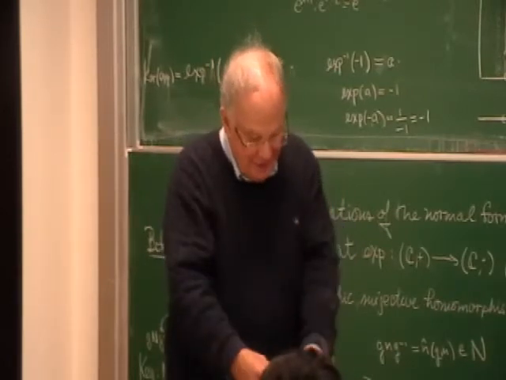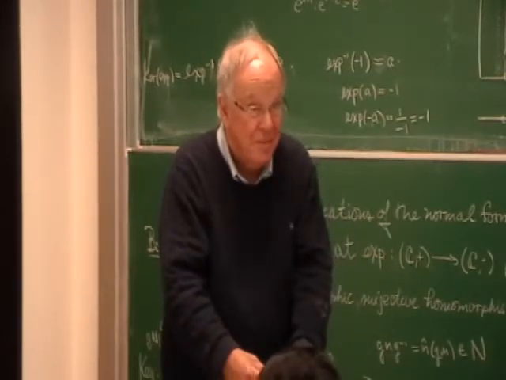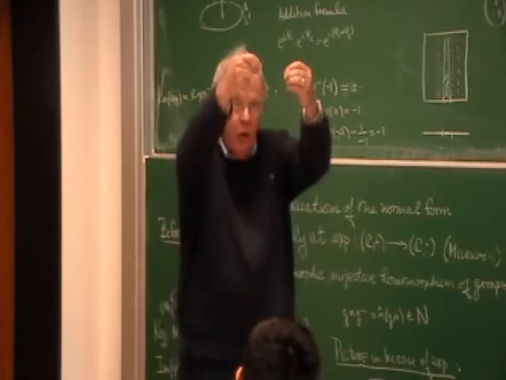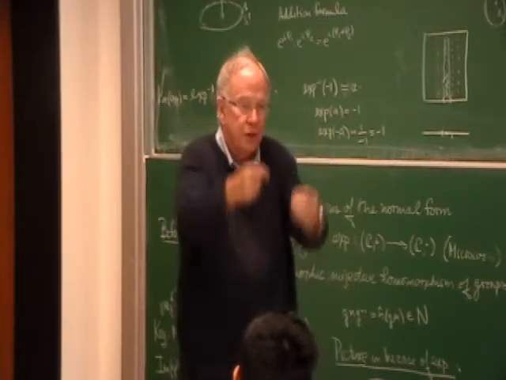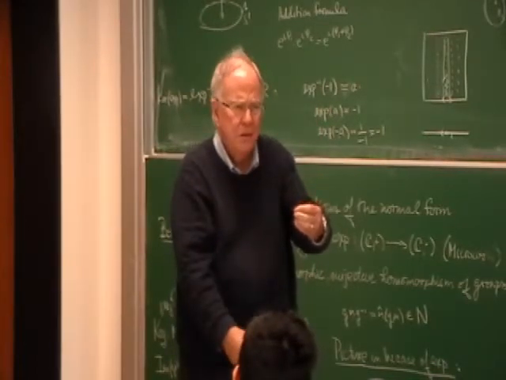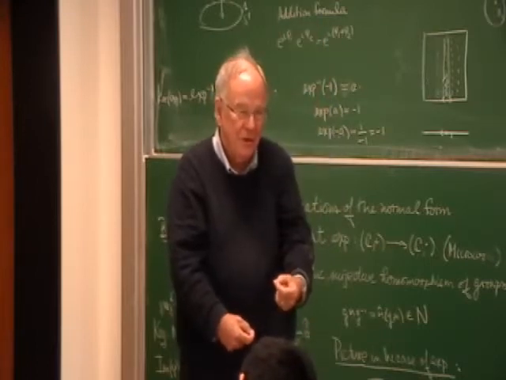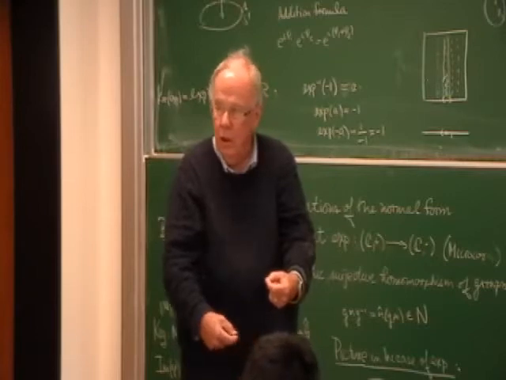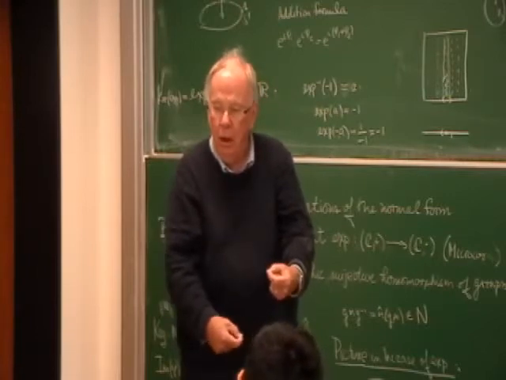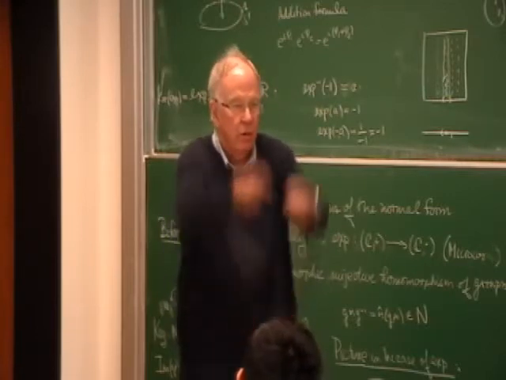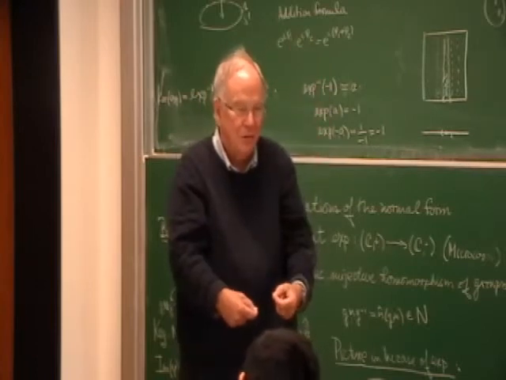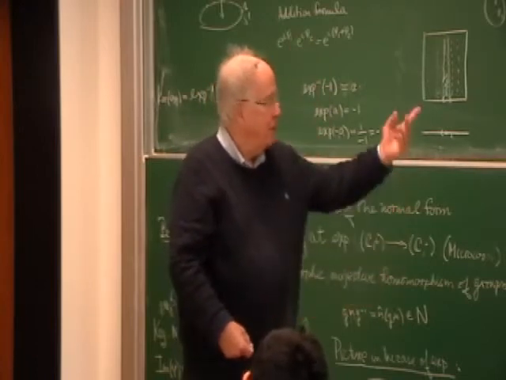Downstairs you would like to get a topological space. You regard this as an equivalence relation, so a point downstairs is just an equivalence class. A neighborhood of this equivalence class is a neighborhood of the upstairs equivalence class. So that's what it should be.